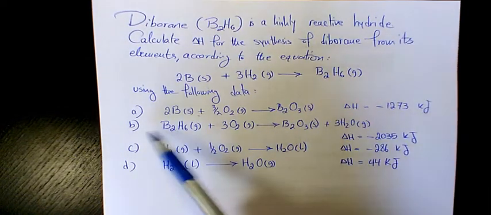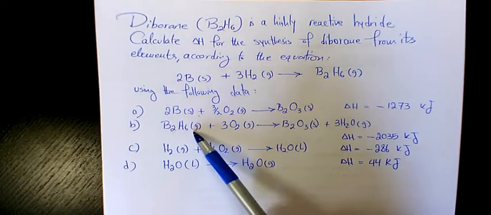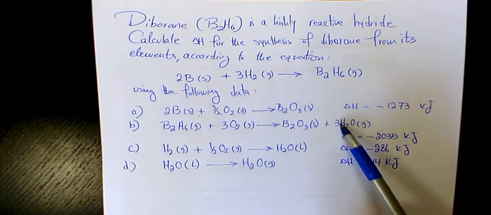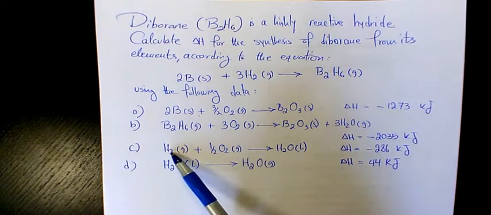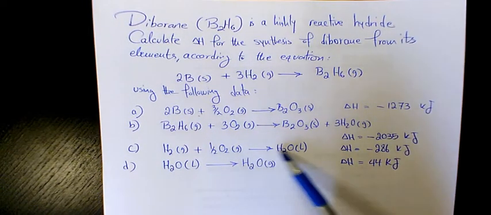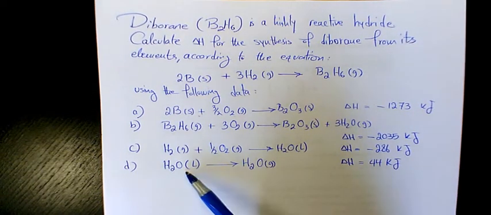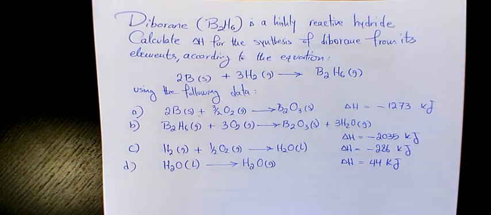This is a delta H. The second one is B2H6 plus 3O2 gives us B2O3 plus 3H2O in gas phase. H2 plus half of O2 is going to give us H2O in liquid. This is a delta H, and H2O in liquid is going to get to the water in gas phase.